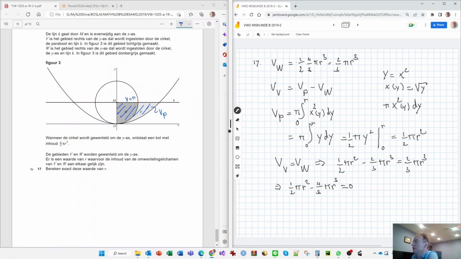Now I just factorize pi r squared, times 1/2 minus 4 over 3 r, equals zero. Well, that happens if r is 0.